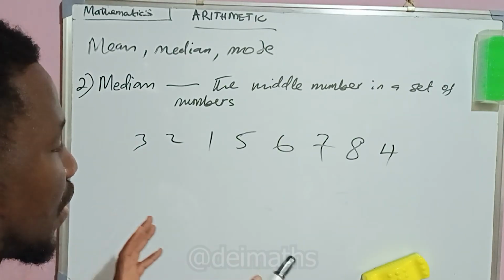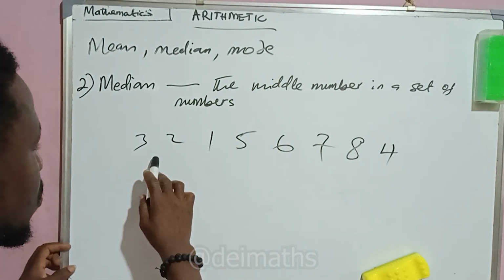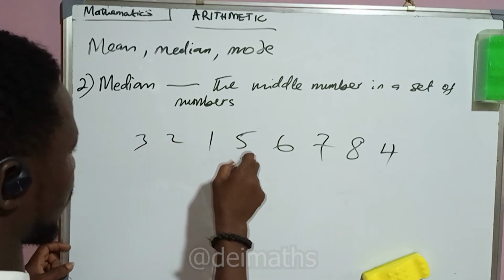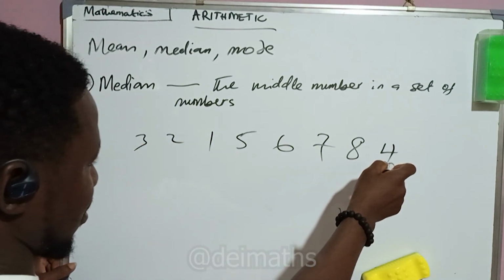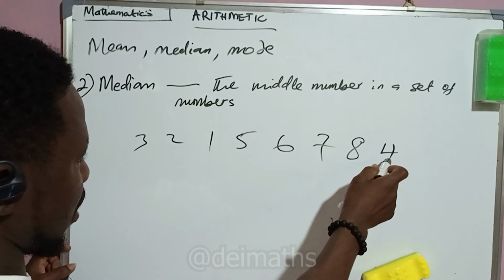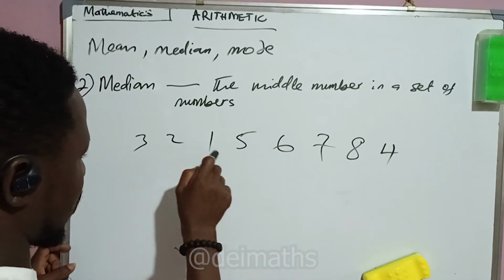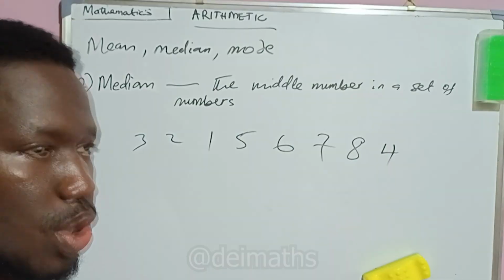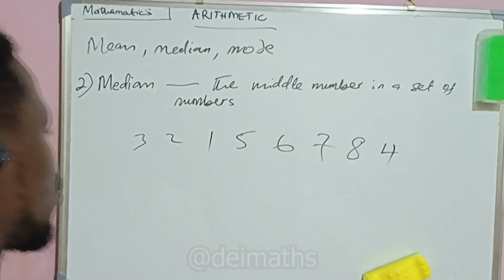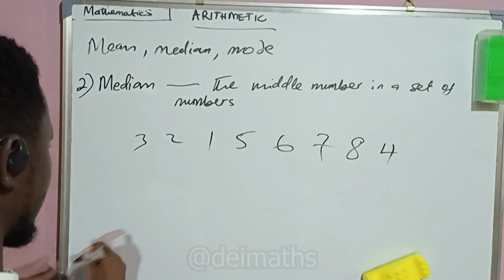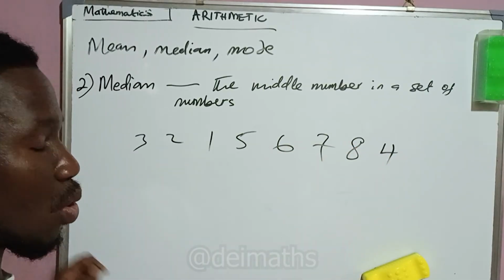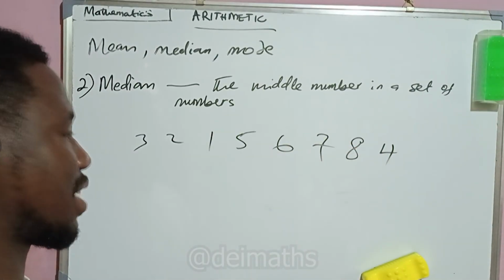You collect the center number as the median. But first of all, you don't just collect the numbers at the middle and divide by 2. No. What you do is you arrange it, starting either from the biggest to the smallest or from the smallest to the biggest.